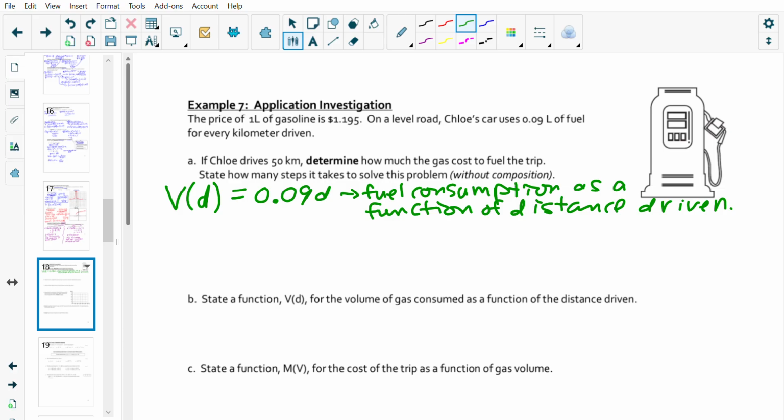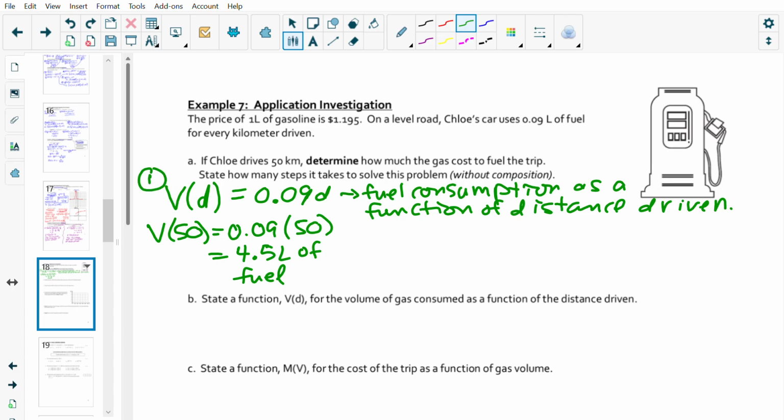If Chloe drives 50 kilometers, so V of 50. What volume of gas did Chloe use? So Chloe used 4.5 liters of fuel. Okay, so that's one step.